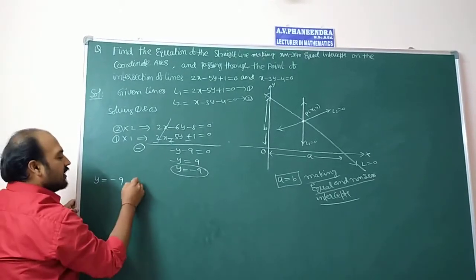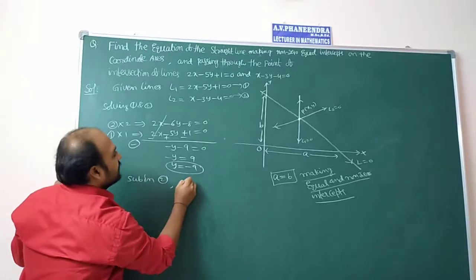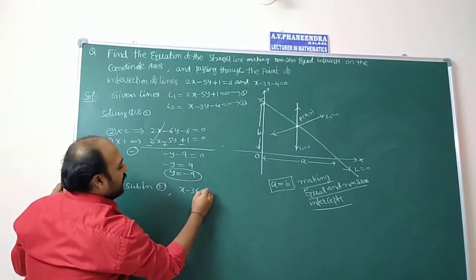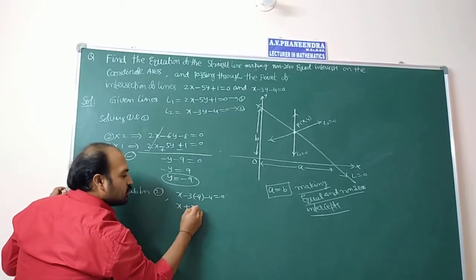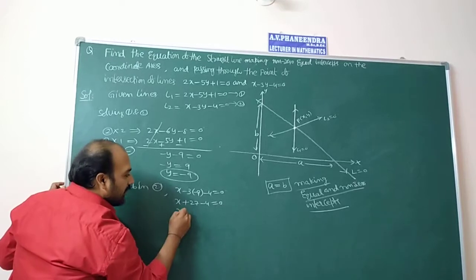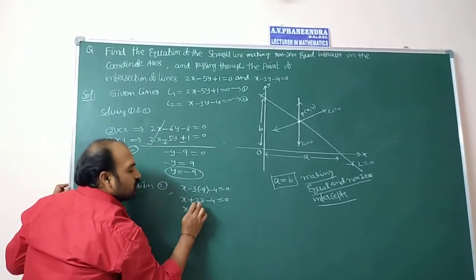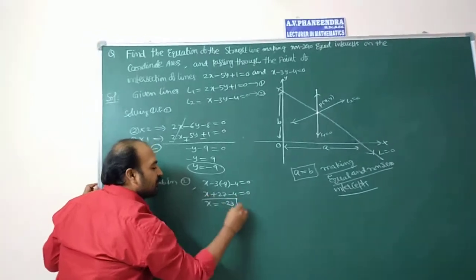Substituting y equal to minus 9: x minus 3 into minus 9, minus 4 equal to 0, x plus 27 minus 4 equal to 0. So x is equal to minus 23, since 27 minus 4 is 23, which we take to the other side.